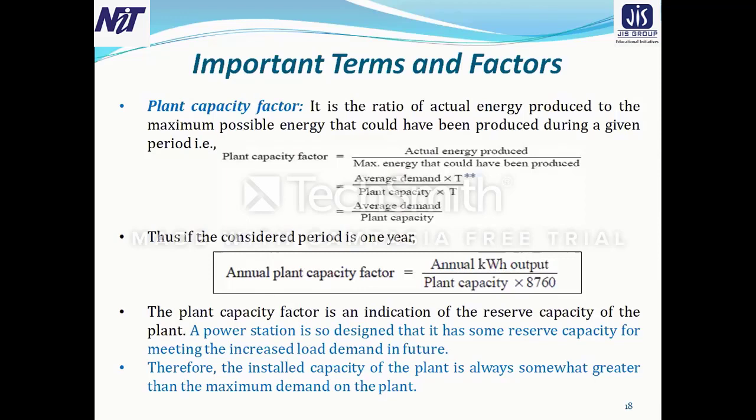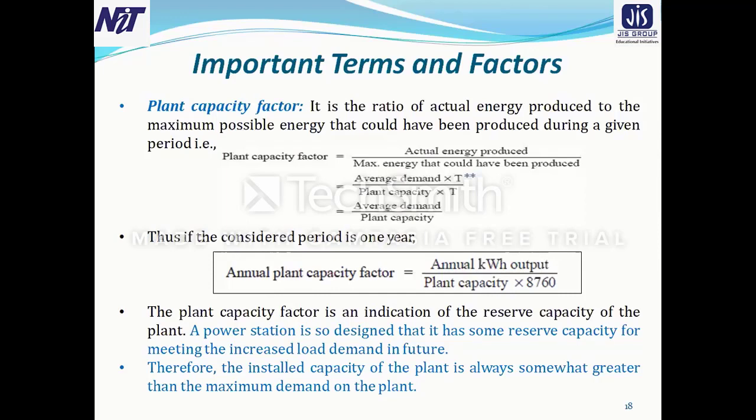Thus, if the considered period is 1 year, we can say that the plant capacity factor is annual kilowatt hour output divided by plant capacity into 8760. The plant capacity factor is an indication of the reserve capacity of the plant.